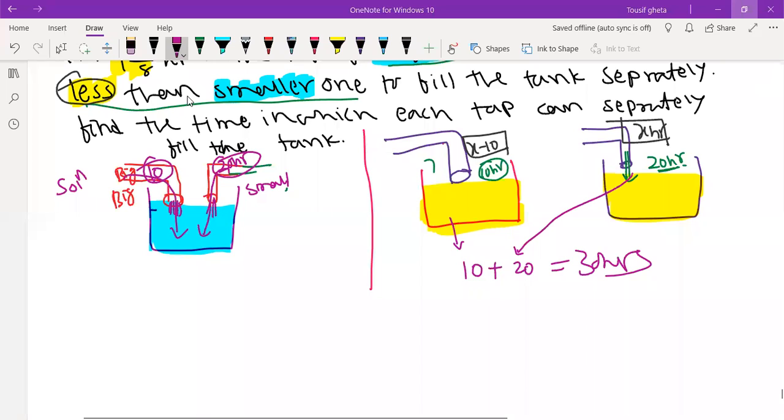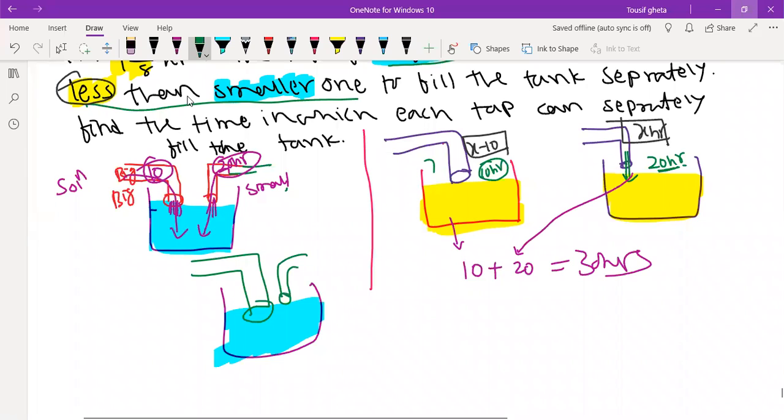Same tank I am using, same water I am filling, using two pipes, one big pipe and one smaller diameter pipe. The big pipe will take 10 hours, the small pipe will take 20 hours. Together they will take 30 hours. Can they together take 30 hours?